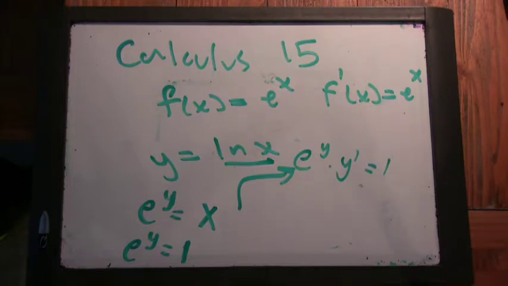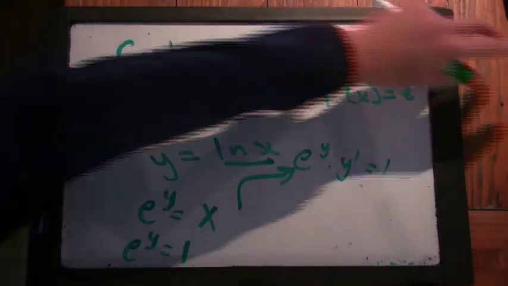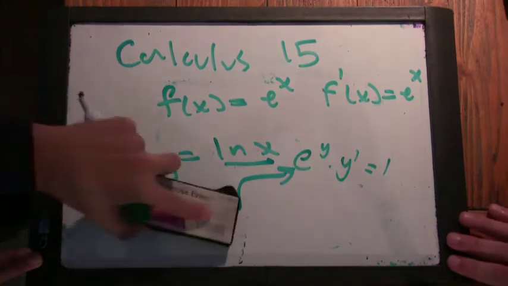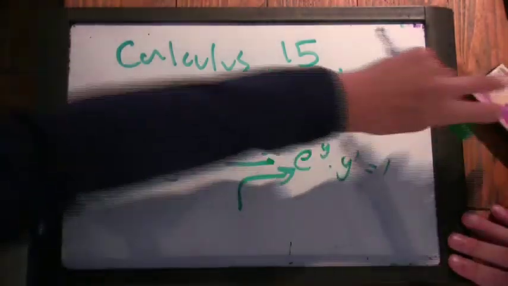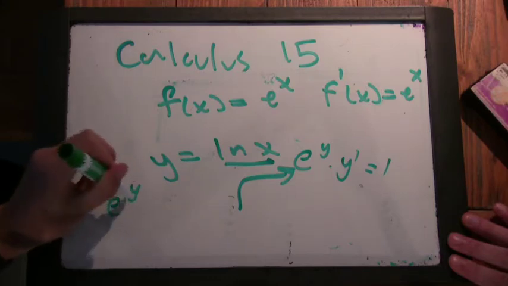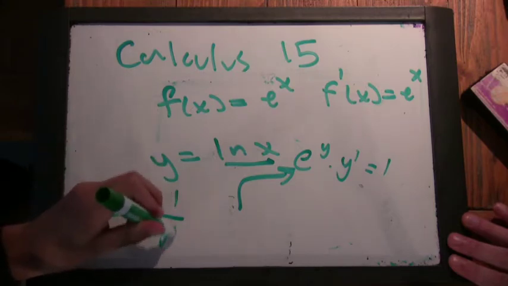So we know that e to the y times the derivative of ln x equals 1. Okay. So suppose we know e to the y equals 1 over y prime.